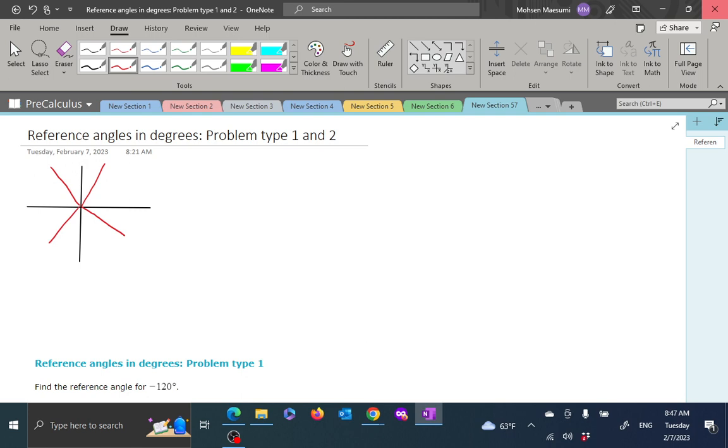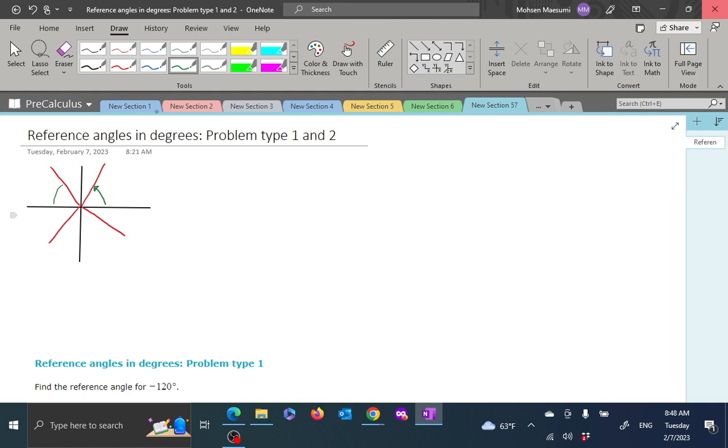How is that defined? Well, if you're in the first quadrant, that is, the terminal side of the angle is in the first quadrant, then this acute angle between the x-axis and the terminal side is called the reference angle. If the terminal side is in the second quadrant, then this angle is the reference angle.